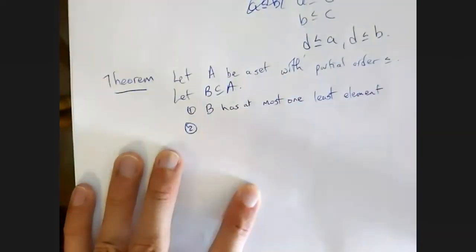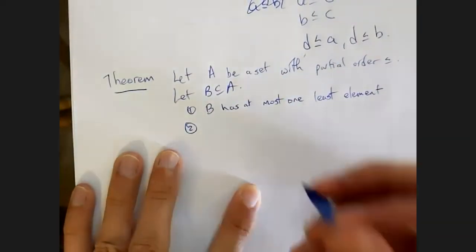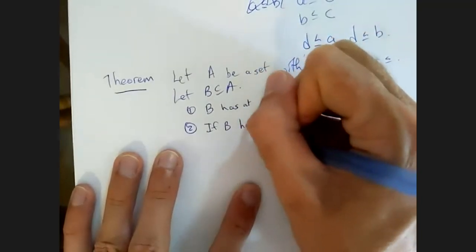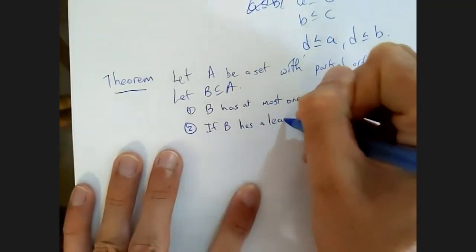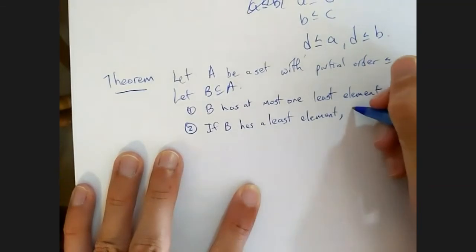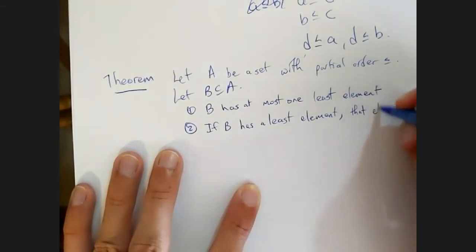Two: if B has a least element, that element is also minimal.